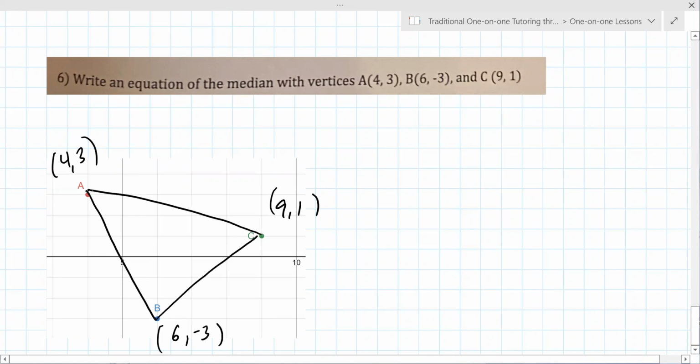Now, what's odd here, Sourish, and I don't know why your instructor chose to do this, this problem does not tell you which one to find the median.